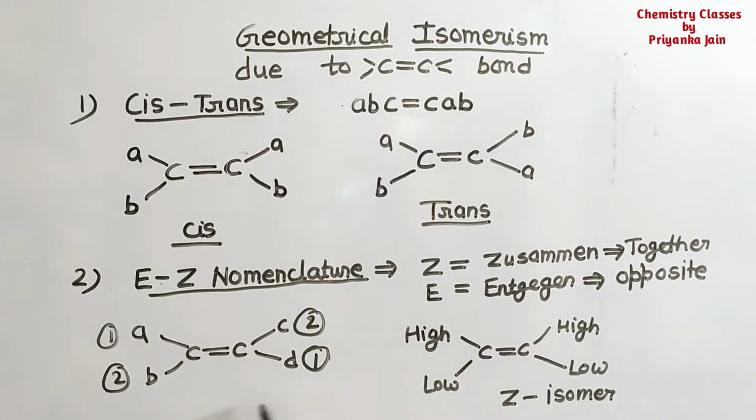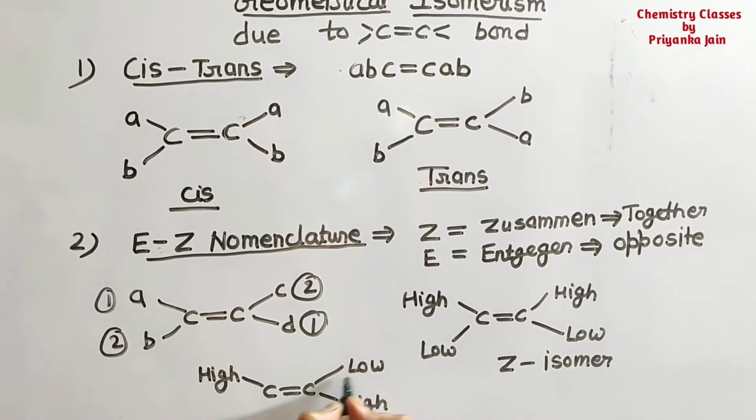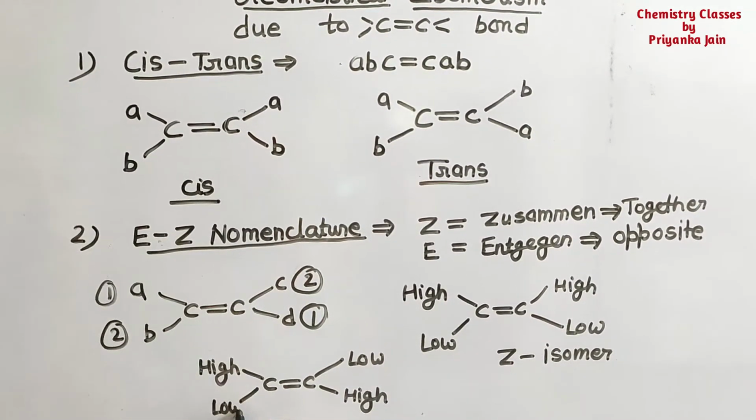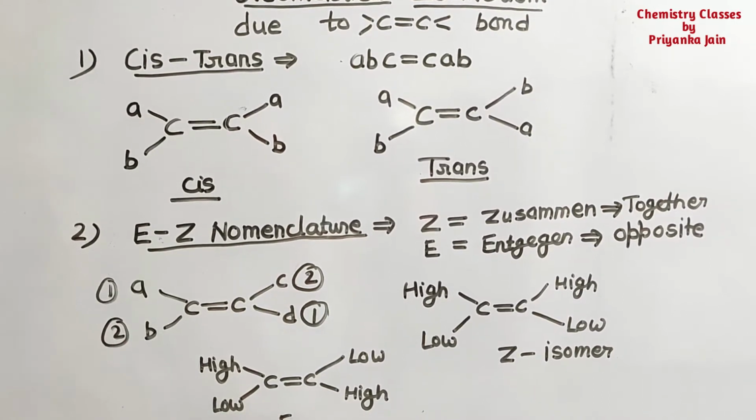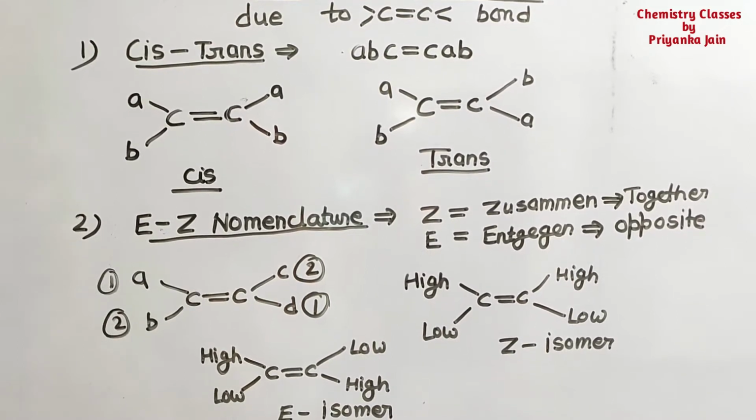And if high priority groups are on the opposite side, in this manner, then this will be called the E isomer.